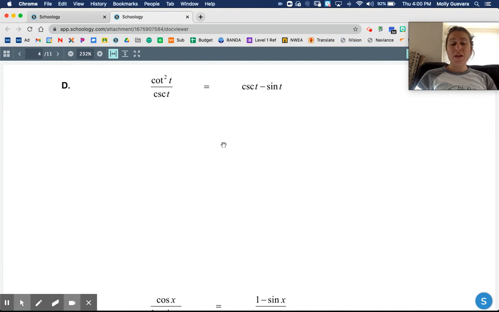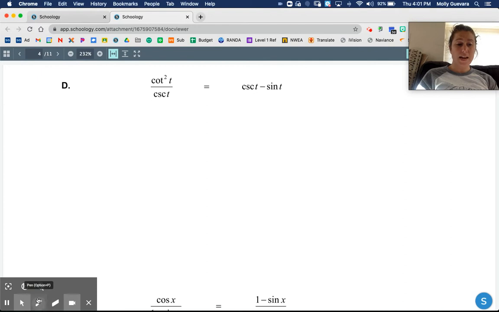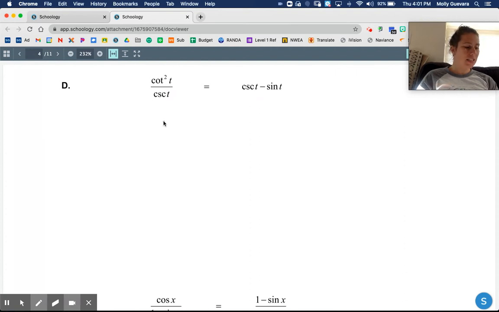The big clue here is that because this is one term and this is two terms, I'm probably going to need to do something to both sides, and that's okay. But the big thing is to just work on one side at a time. So I'm going to start here, and I'm just going to see what I can get rid of, if I can simplify it in any way, things like that.